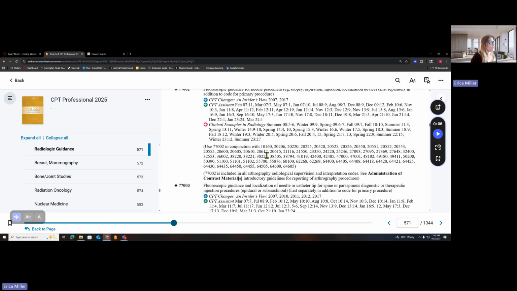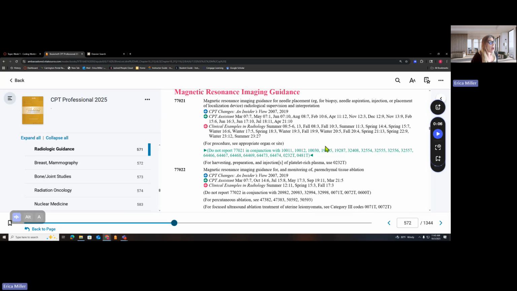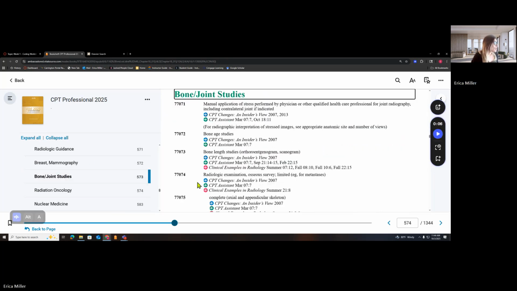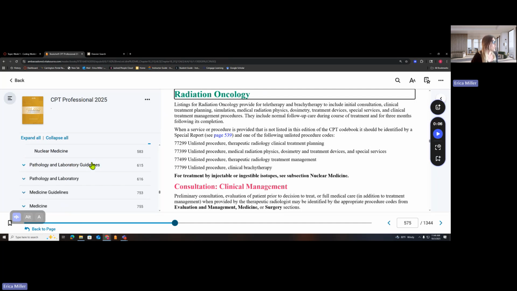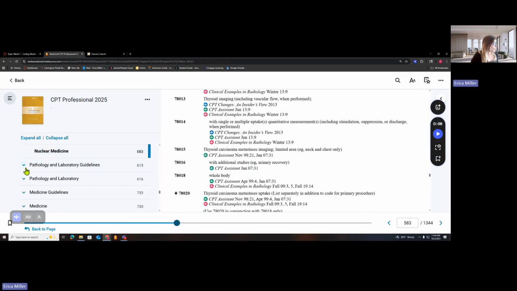Guidance, that would be with fluoroscopy, CT scan guidance, MRIs, mammograms, joint studies, oncology, and nuclear medicine. Now, that is your 70,000 series.